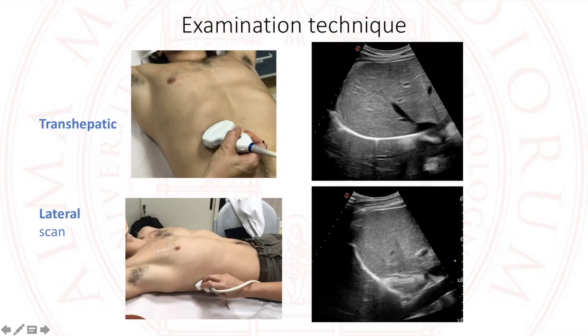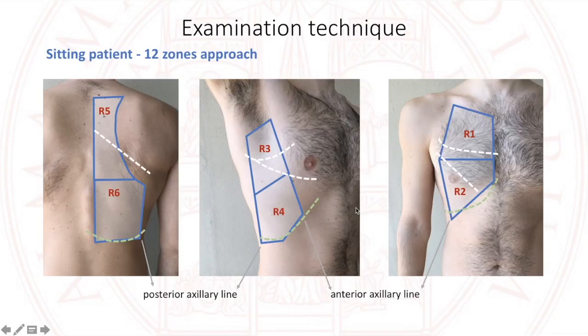Another possibility is to study the diaphragm from the abdominal cavity using the liver or the spleen as acoustic window in the transhepatic or in the lateral scan, as we already saw. It is important to assess all the surface of the lungs.